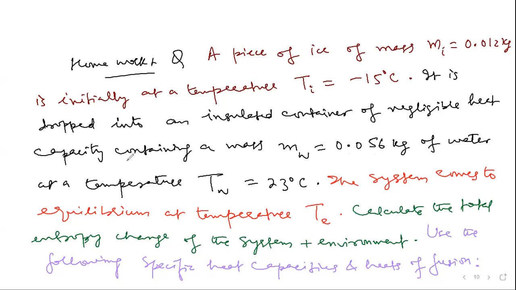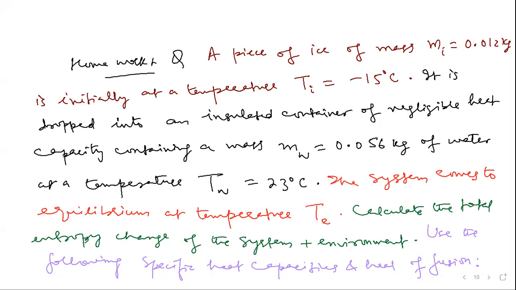At a temperature Tw equal to 23 degrees Celsius, the system comes to equilibrium at temperature Te. Calculate the total entropy change of the system plus environment. Use the following specific heat capacities and heat of fusion.